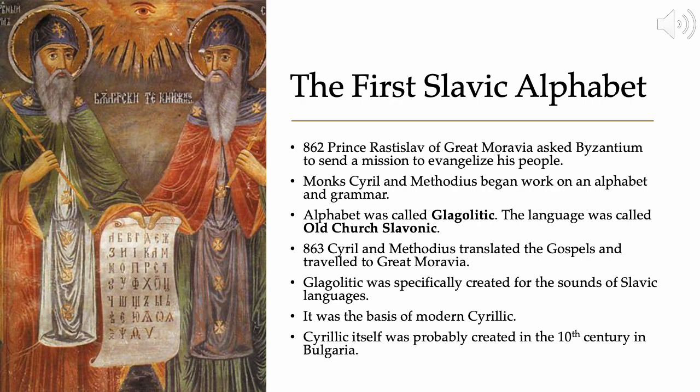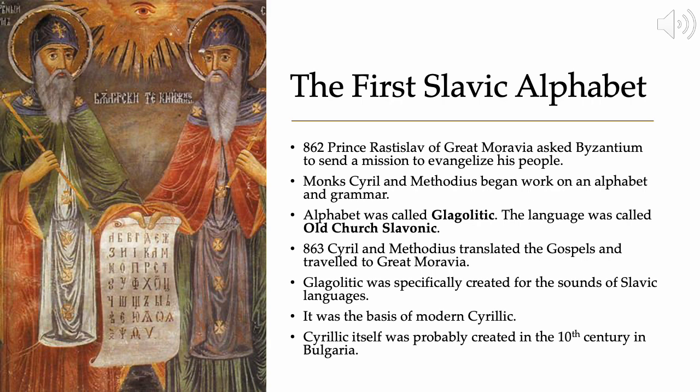And the language is now called Old Church Slavonic because it was specifically used for translating sacred texts. It was based on the Slavic vernacular of Cyril and Methodius, which was probably some kind of Bulgarian sort of thing. But it was changed or modified.